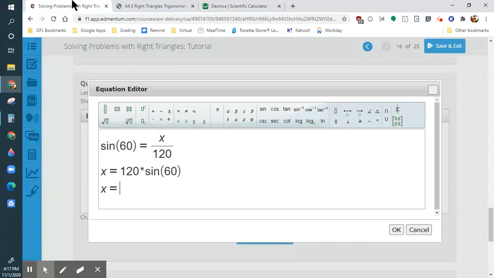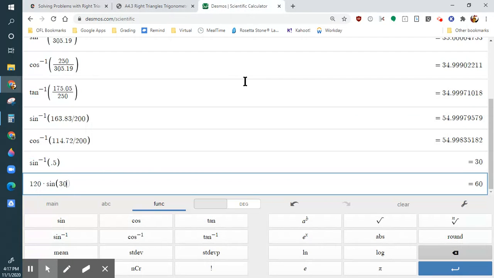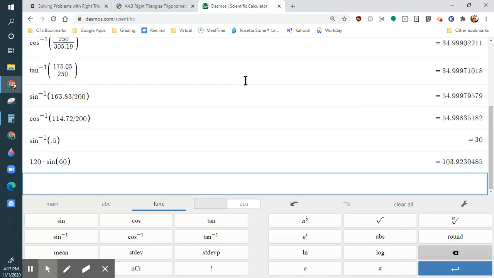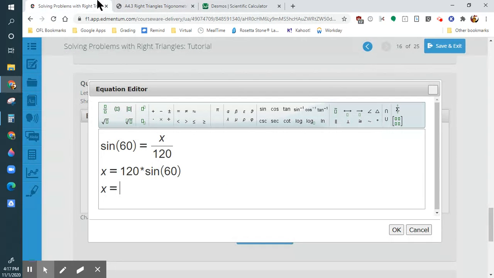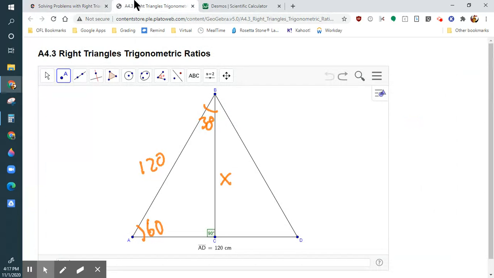Are we using angle 30? Angle 60. And we get, that's not right. Did I do this? It should be right. This is 120. Oh, we don't know what this is. Duh.